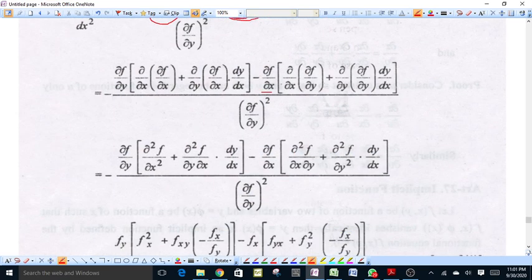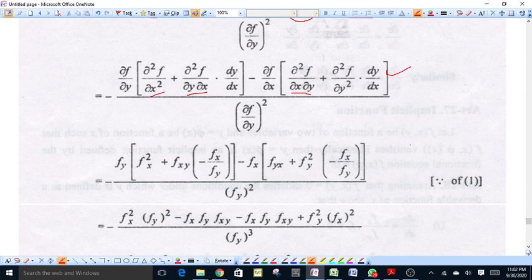After simplification, we can write it as ∂f/∂y, this is the second order partial derivative of f, which will be equal to ∂²f/∂x². Similarly, this will be equal to ∂²f/∂x∂y into dy/dx, minus ∂f/∂x times the second order partial derivative ∂²f/∂x∂y, and this will be equal to ∂²f/∂y² into dy/dx.